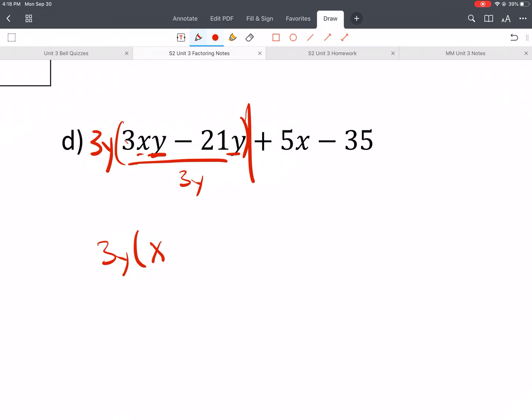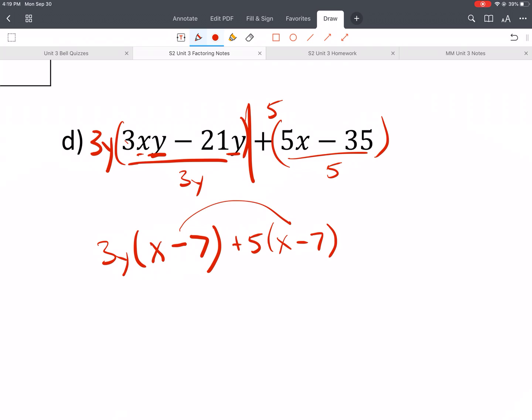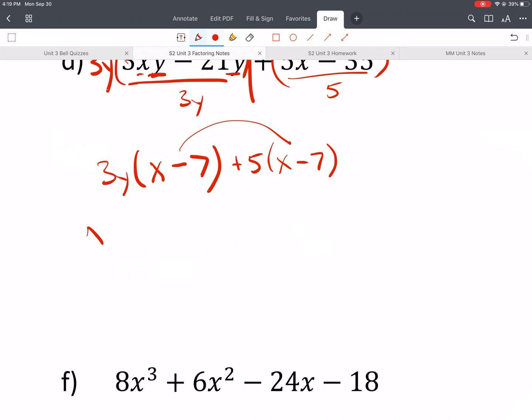And on the right side, we would get a negative 7. All right, on the right side we can factor out a 5, so we'd have plus 5 times, divided by 5, x minus 7. Okay, again, they're the same, so we did something right. So we get x minus 7 in one parenthesis, and the other would be 3y plus 5.